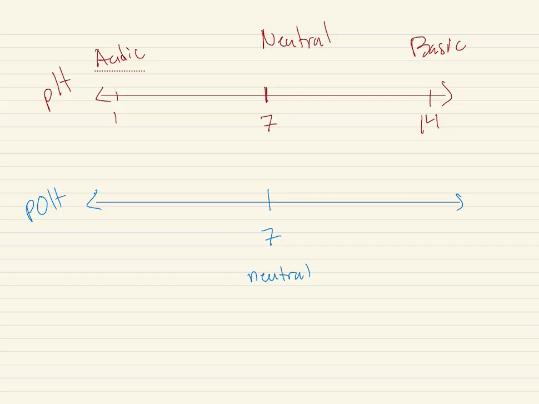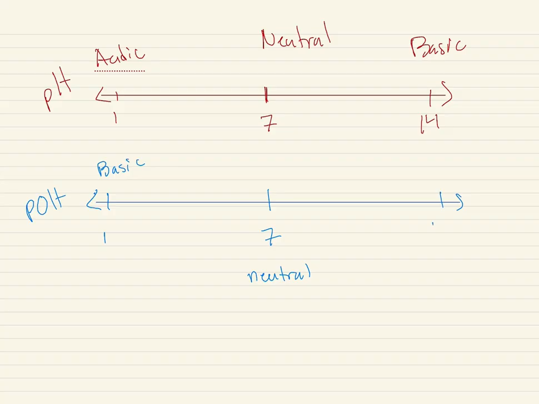If we have a larger concentration, that means our pOH is going to get closer to 1 as the concentration of OH minus gets closer to 10 to the minus 1. That'll be basic on this side now. Right, so this is basic because our OH minus concentration is large.